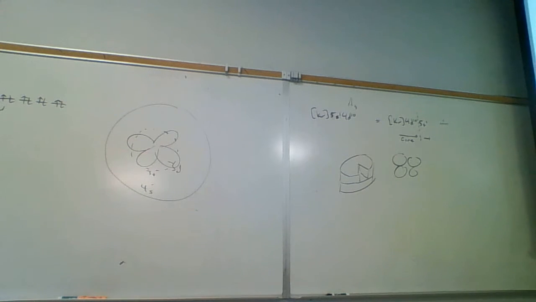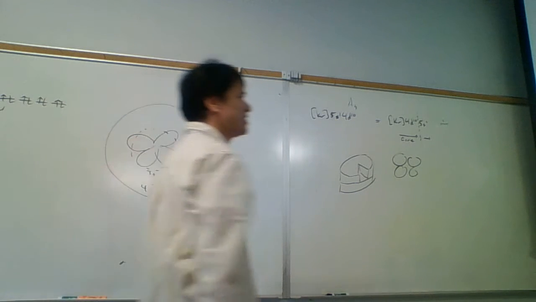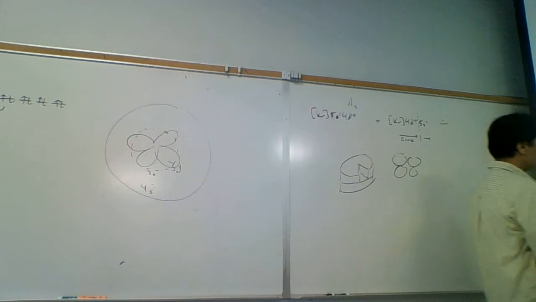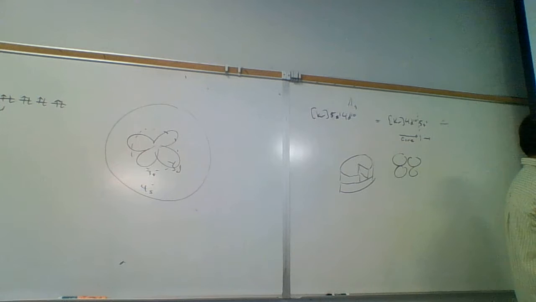All right, so this is quantum mechanics. Quantum mechanics tells us about the allowed energies, and the orbitals are the allowed energies, and also what do we know about the position of the electron, the probability of finding that electron.